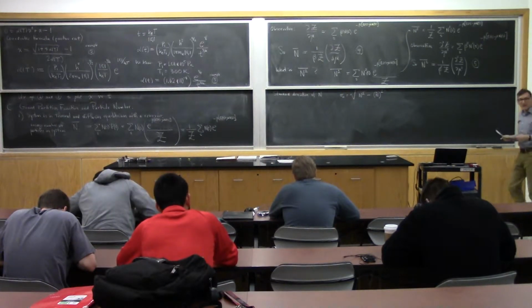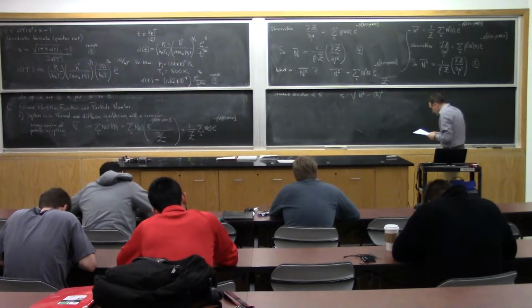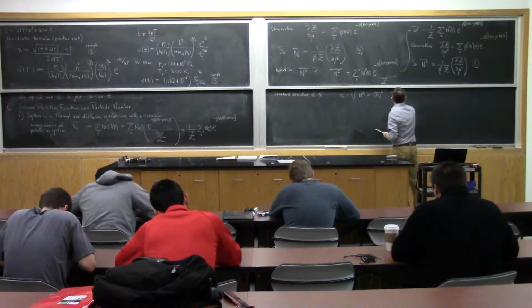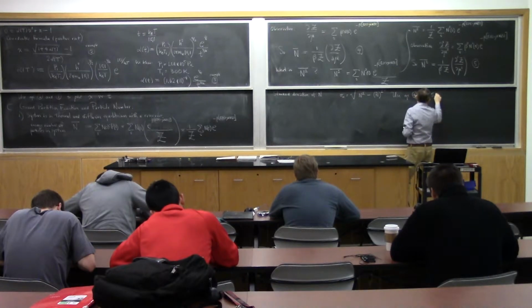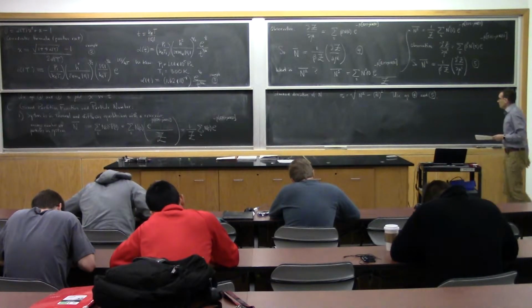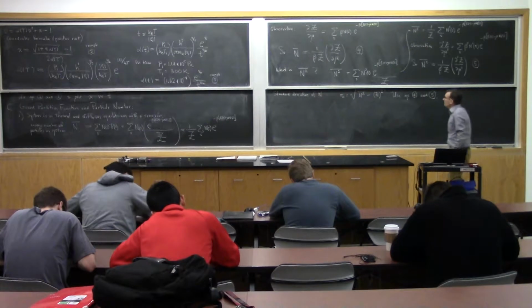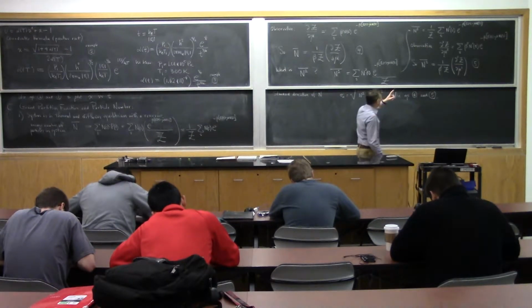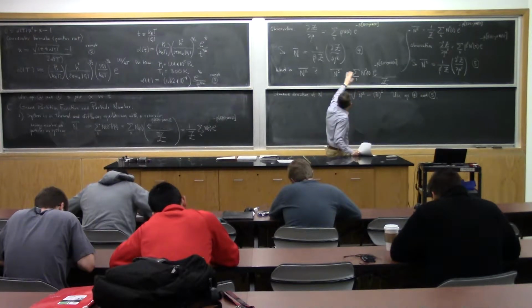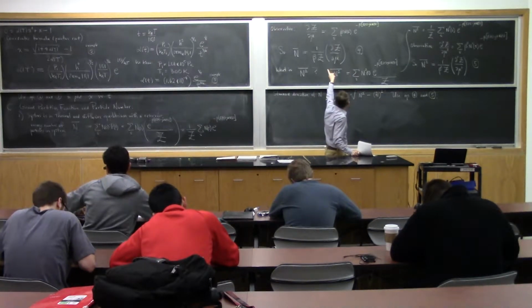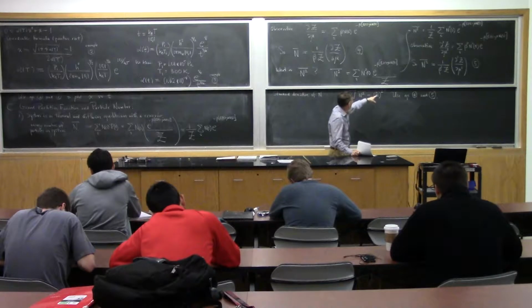Square root of n squared average minus n average squared. And use equations 4 and 5. Okay? For n squared average here, use equation 5. For n average, use equation 4, but note that you'll have to take that expression for equation 4 and square it.